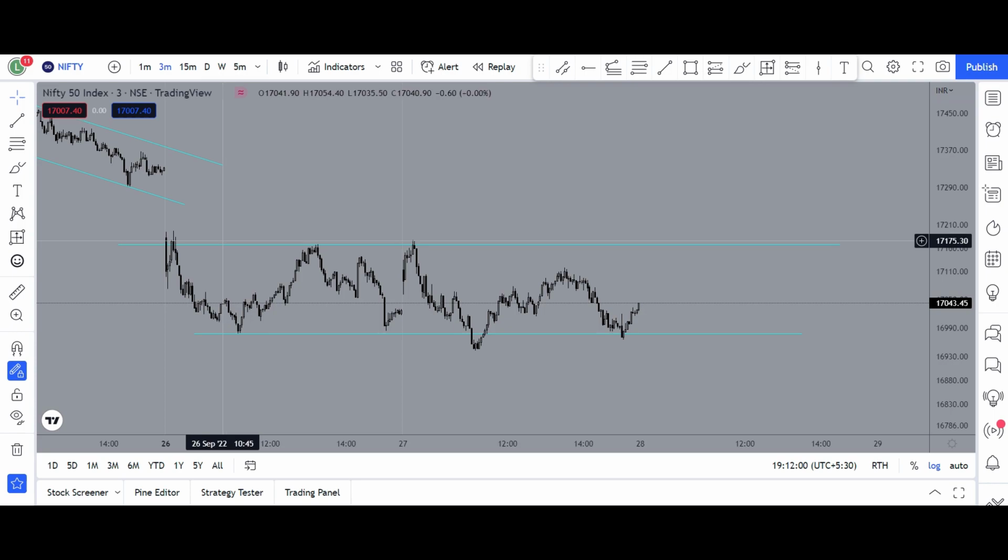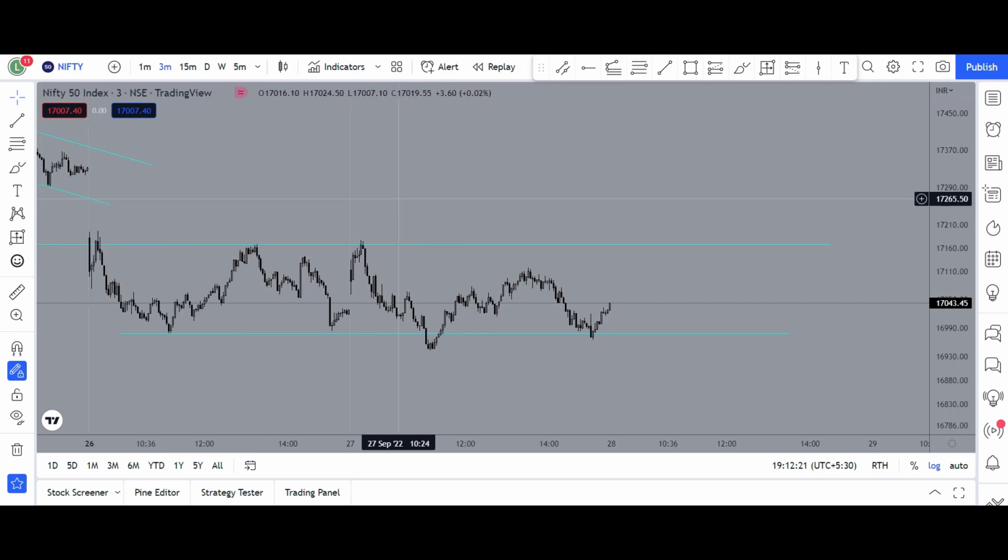So this was a very clear opportunity in the opening session to short it, because the overall trend of the market is clearly down. So we are shorting as per the major trend, and since this breakout is getting failed, we could have.